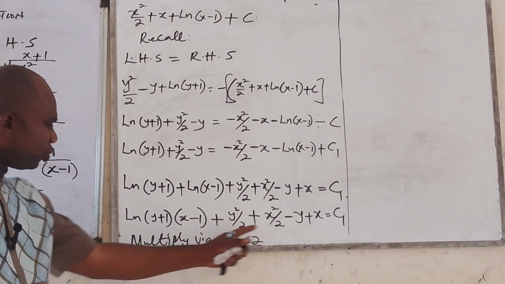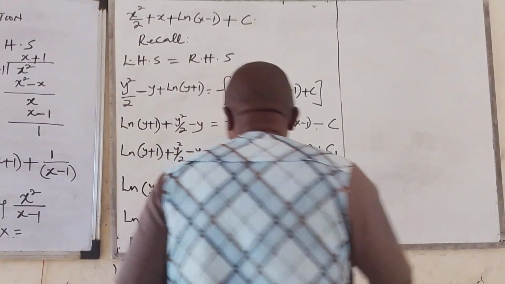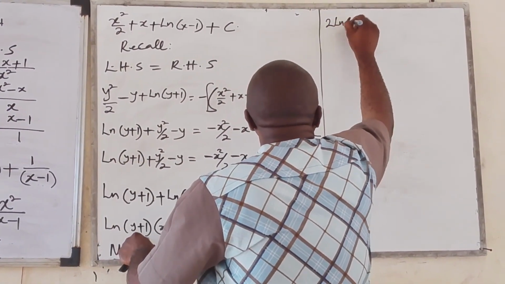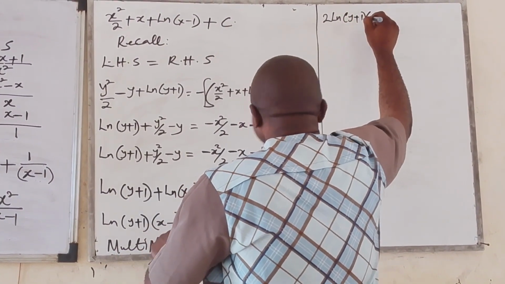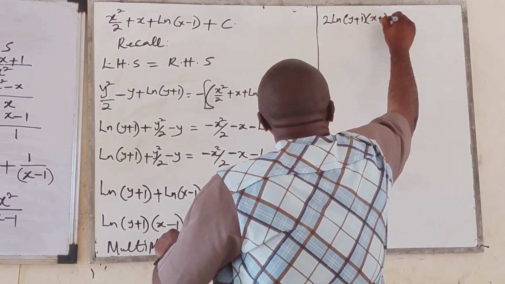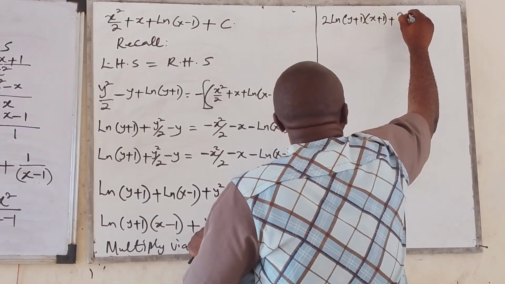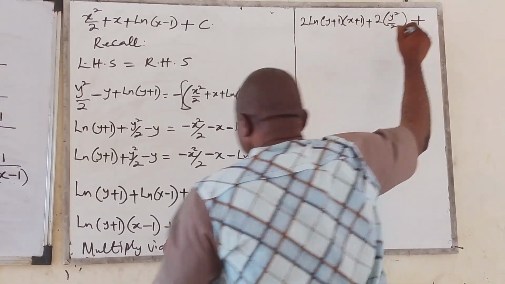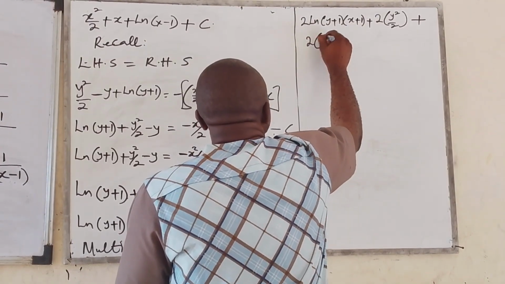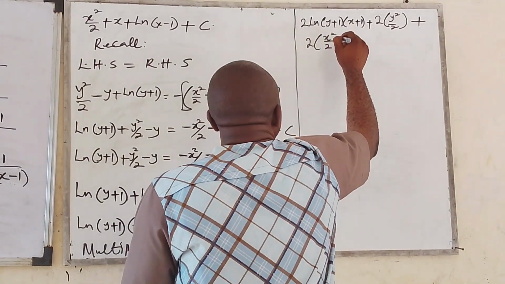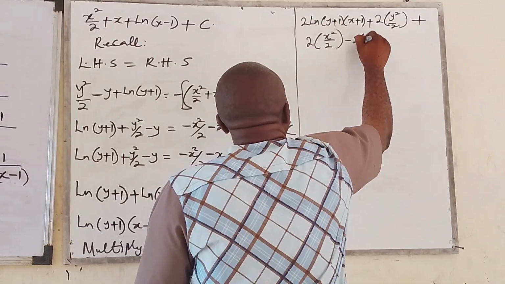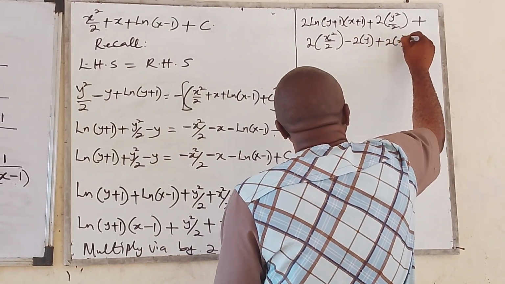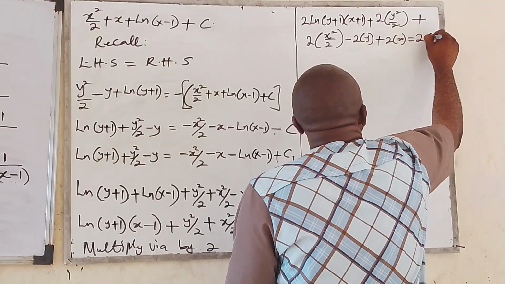So multiplying through by 2, we have 2 ln y plus 1, x minus 1 plus 2 in brackets y squared all over 2 plus 2 in brackets x squared all over 2, minus 2 in brackets y, that's 2 times this now, then plus 2 in brackets x is equal to 2 times c1.